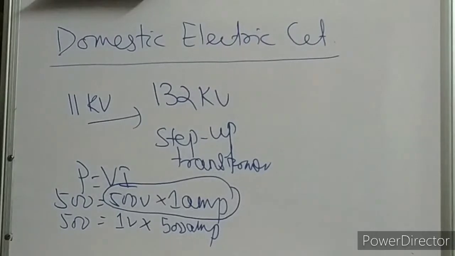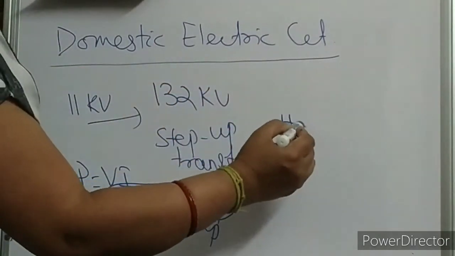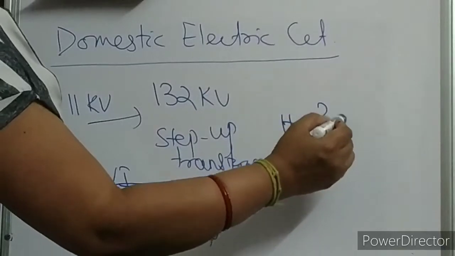Energy will get lost throughout its journey, on its way, as heat, children. I think you have understood that concept also. We have discussed Joule's law of heating, H equals I squared R T.